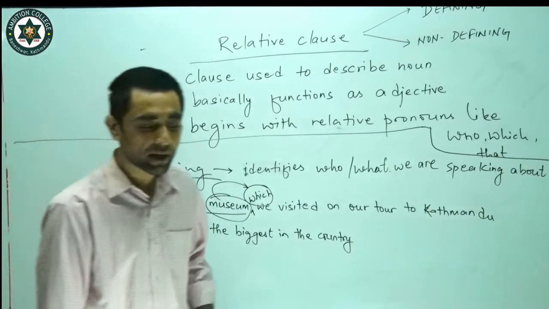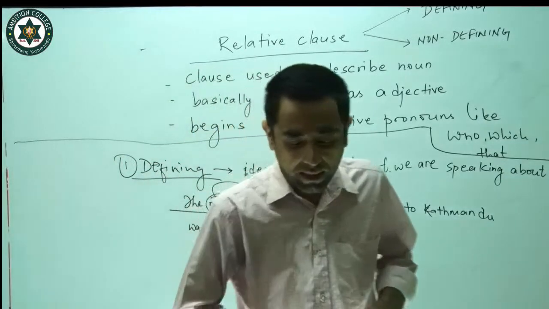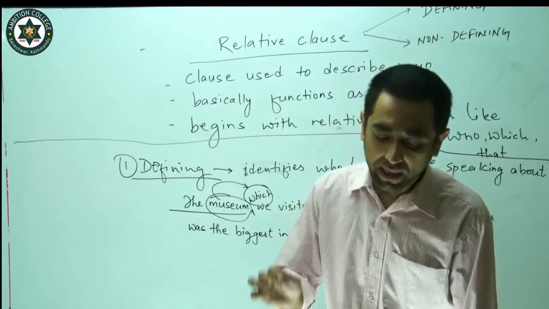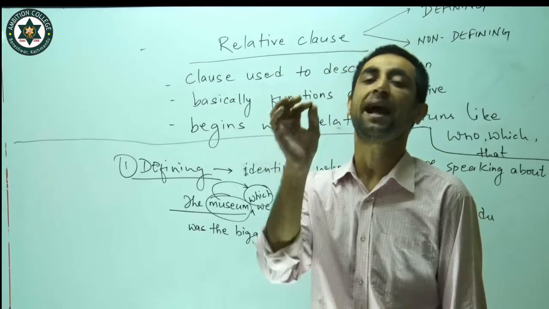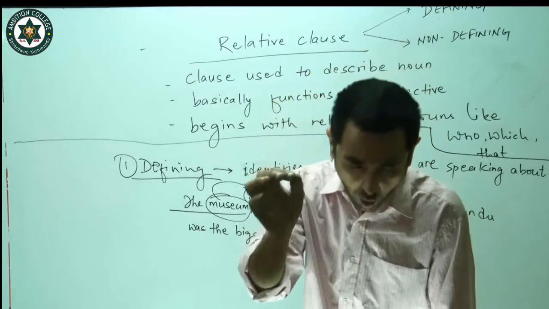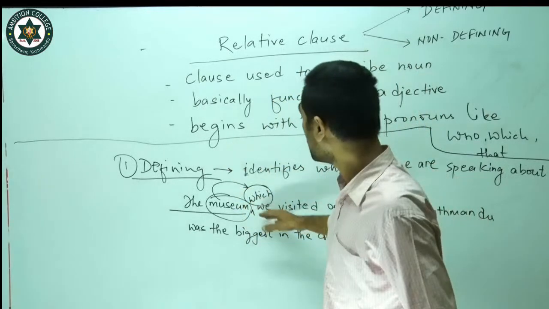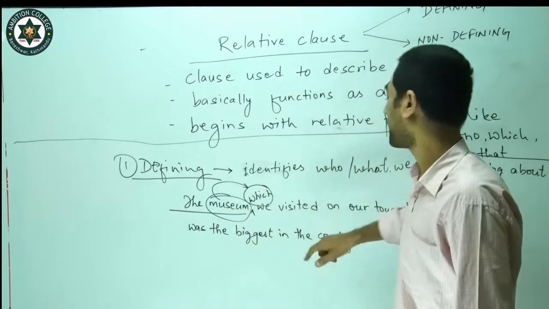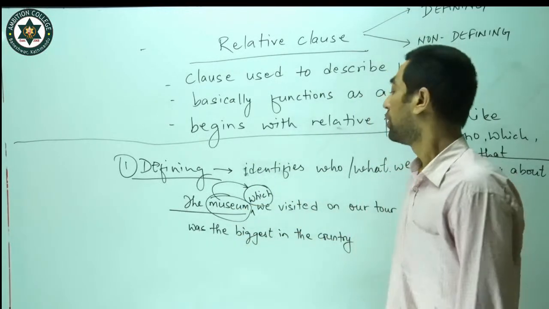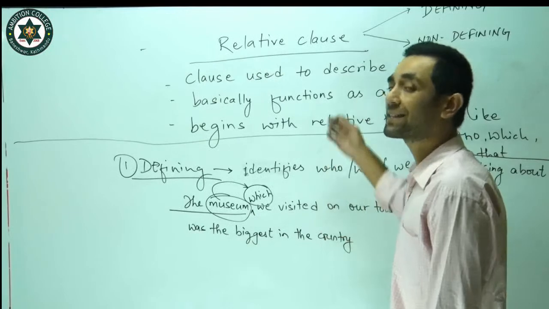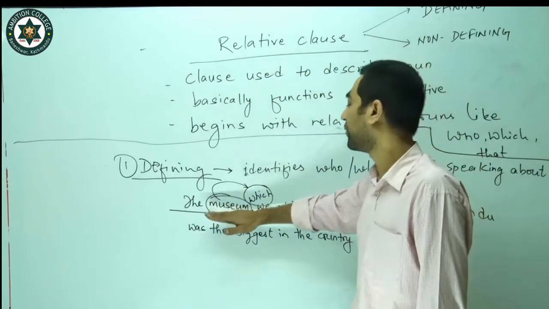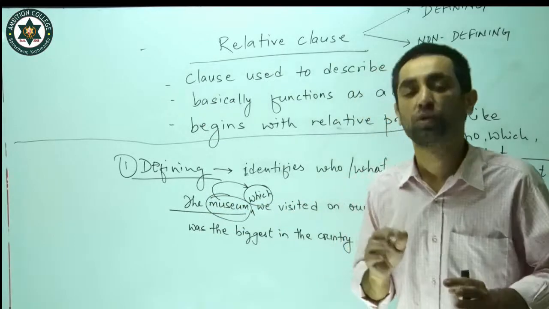Here is the essential information about the museum, the very essential information that is needed to know what someone is describing. Someone is describing the museum, that is the biggest one. So we are coming with the essential information. This information is actually defining the museum.